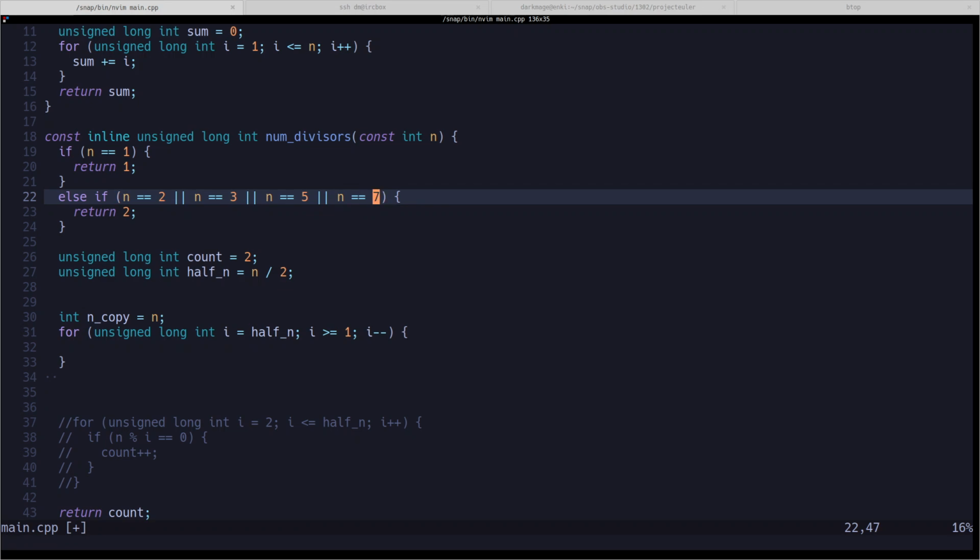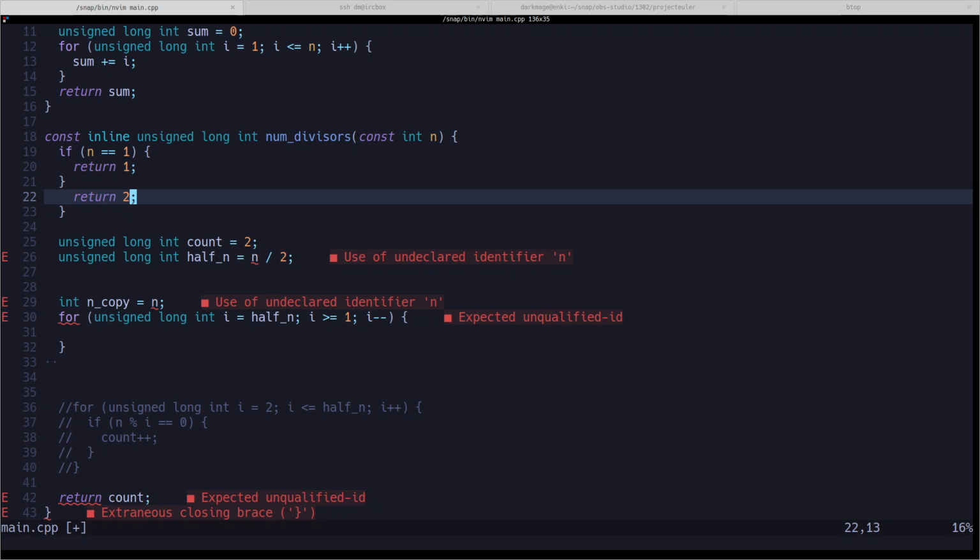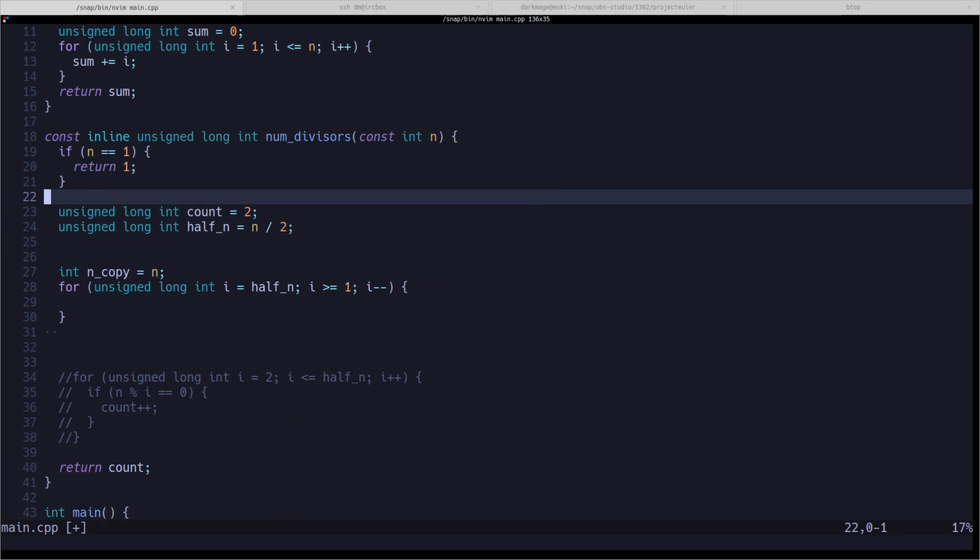So in other words, if n is prime, but if it's a triangle number, it's not going to be prime, so I don't think so anyway.